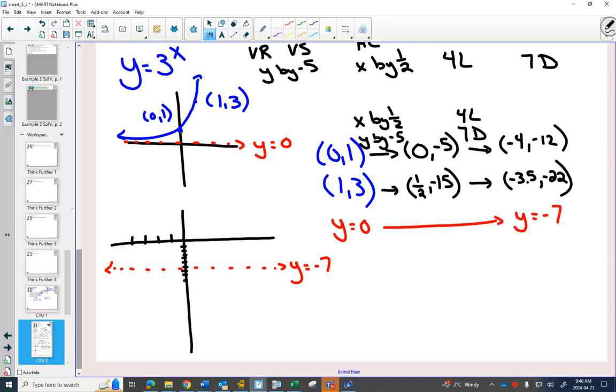So this is 7, 8, 9, 10, 11, 12, 13, 14, 15, 16, 17, 18, 19, 20, 21, 22. I need to label (-4, -12) and I need to label (-3.5, -22).